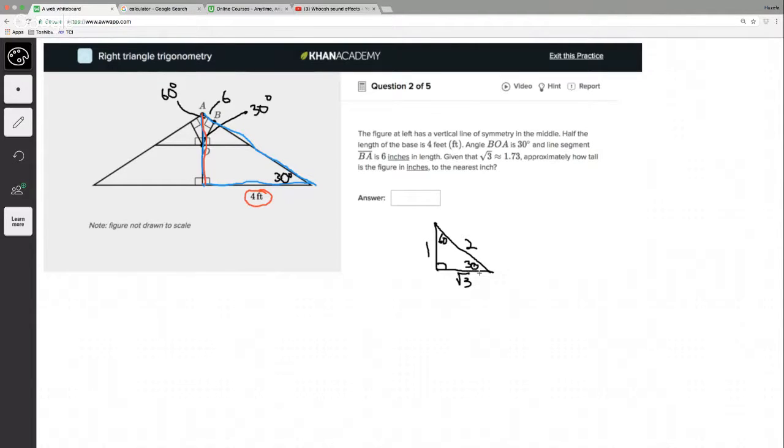And so in this case, since our medium leg is 4 feet, to get the small leg, we take 4 feet and divide it by square root 3. That's how we go from here to here. So this is just 4 divided by square root 3. And they want this approximately. So all we have to do is say 4 divided by 1.73.